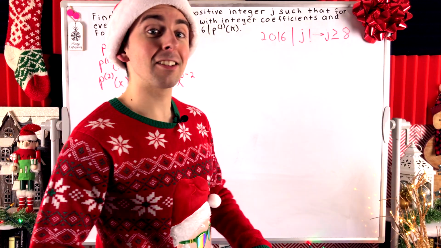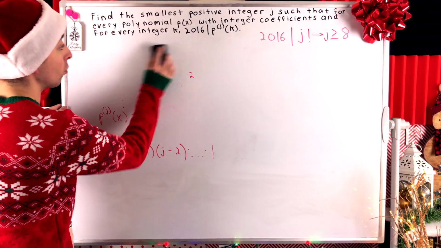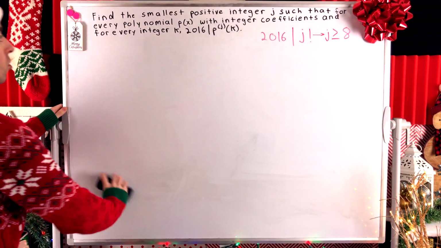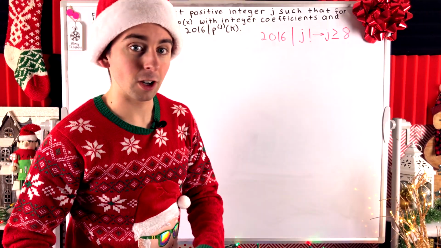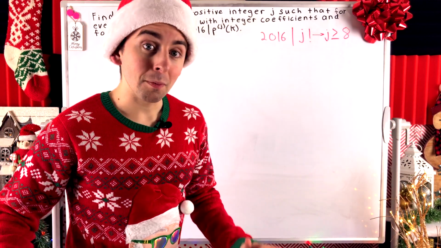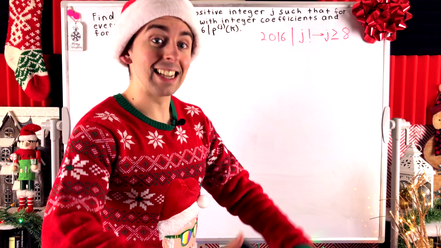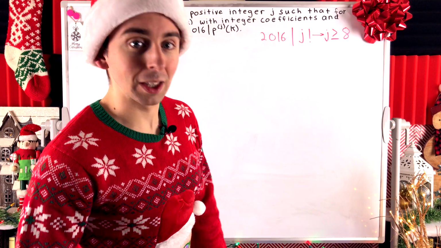So j has to be at least 8. Then, since we know that we're trying to find the smallest positive integer j that satisfies this condition, and we know that 8 is a lower bound for j, we might be optimistic and hope that in fact 8 actually works and is that smallest positive integer we're looking for.